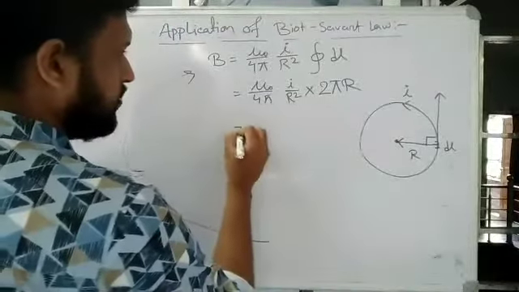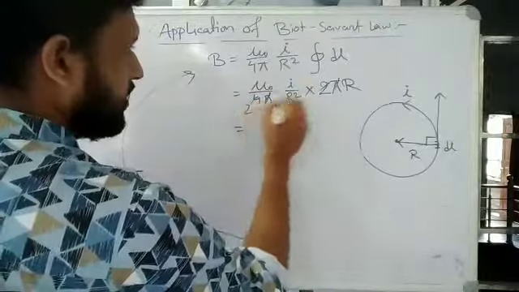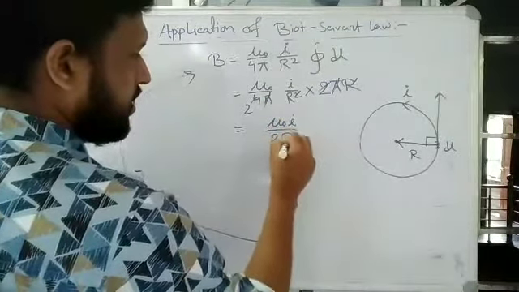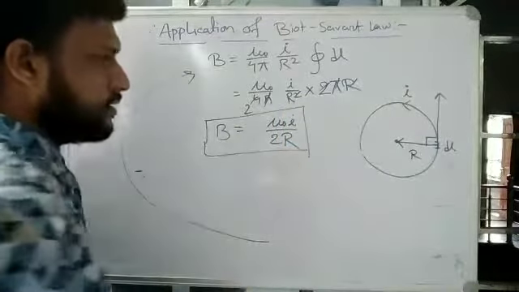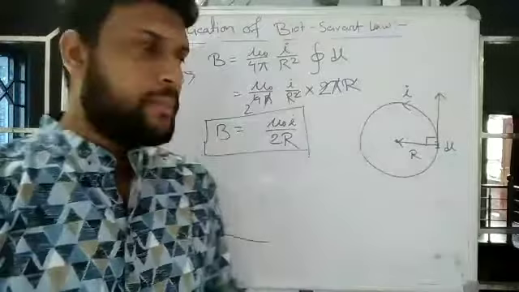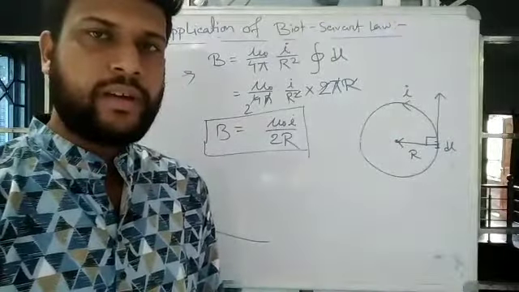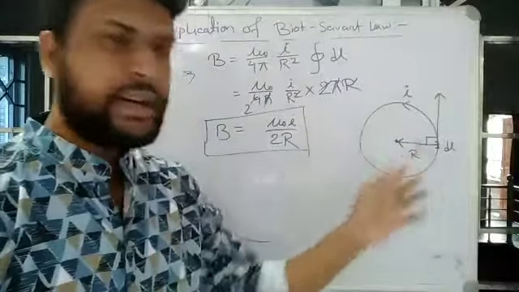Now we have got the value. This cancels with the cutting. We will get mu0 I by 2r. This is the expression of B, which tells you the magnetic field at the center of a current carrying circular conductor.